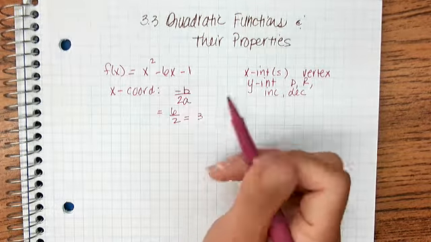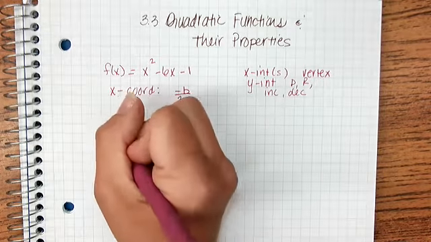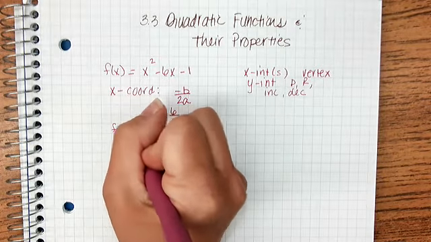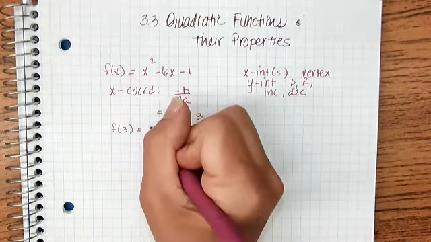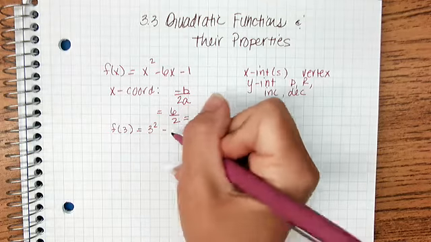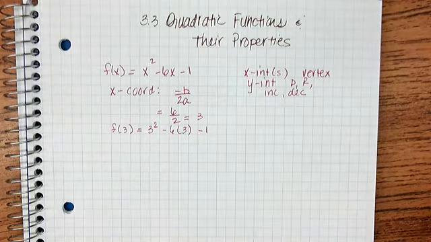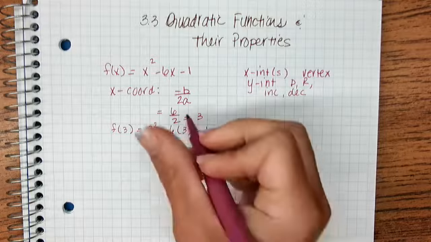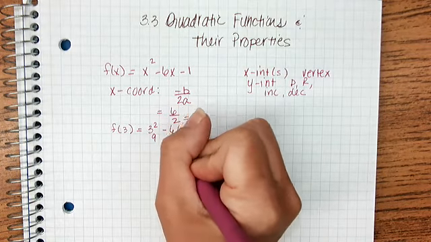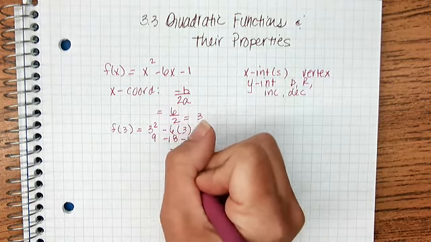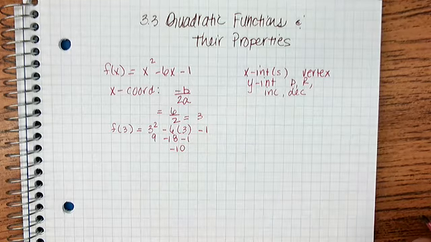So if the x-coordinate is 3, f of 3 is going to be 3 squared minus 6 times 3 minus 1. So that's 9 minus 18 minus 1, which I believe is negative 10.